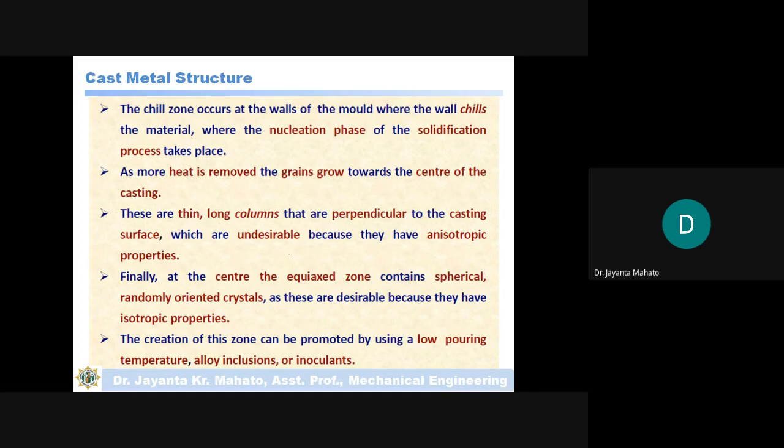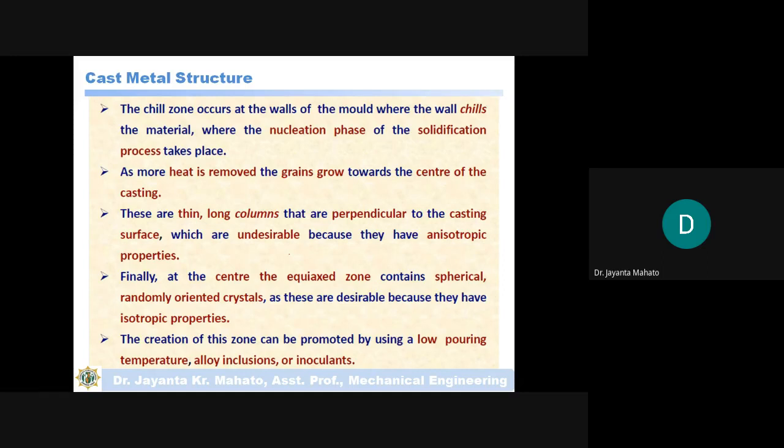These are thin, long columns that are perpendicular to the casting surface, and they have anisotropic properties, meaning not an isotropic nature. So that is why they are elongated perpendicular to the casting surface.